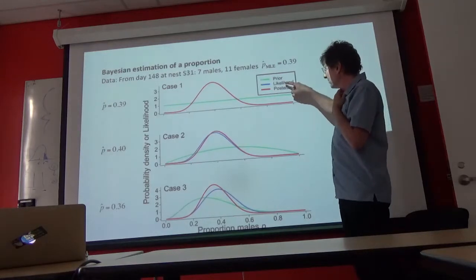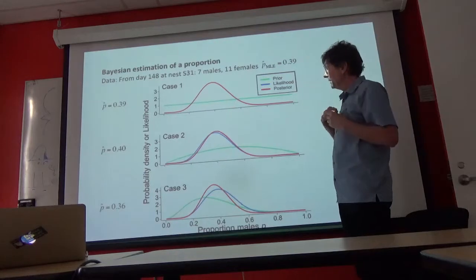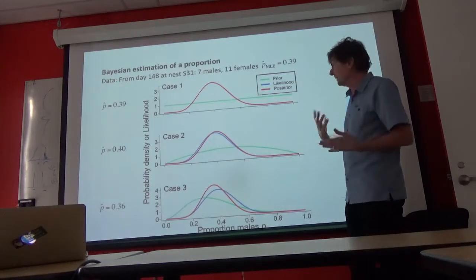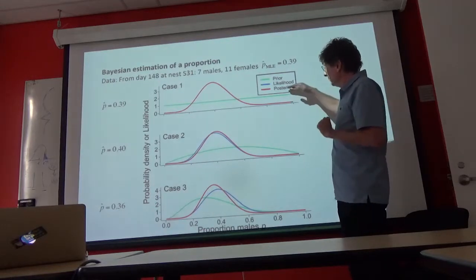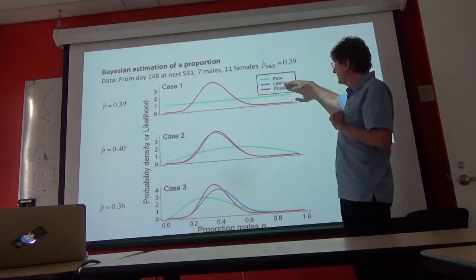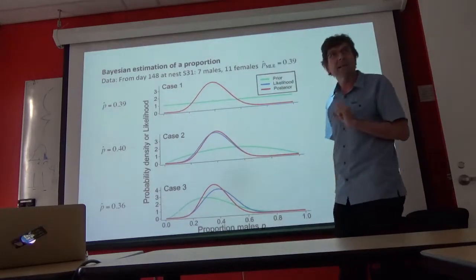In blue, I've shown the likelihood, which is the same in these cases. And it's the product of the likelihood and the prior probability that determines the posterior probability, which is shown in red. When you can't see the blue, it means that it's behind the red, but it's exactly the same.